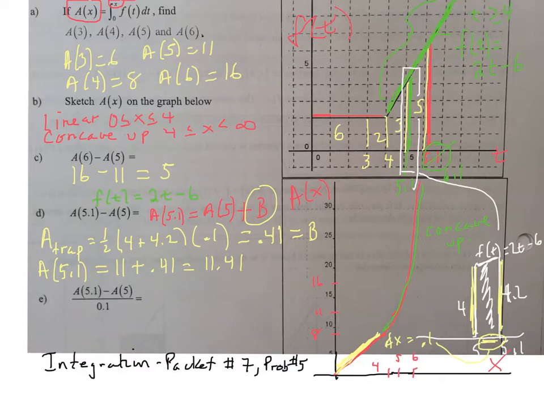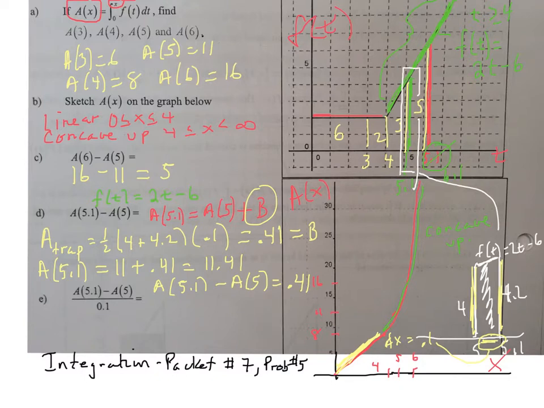Now, in D, they've asked us to take A of 5.1 minus A of 5, so I just actually subtracted those two, right? And so the answer for that would be just our value of b, which is 0.41.